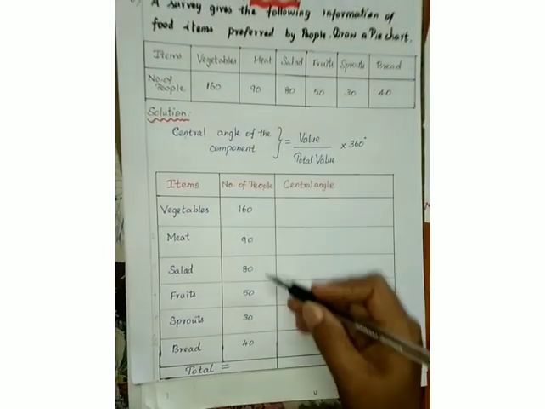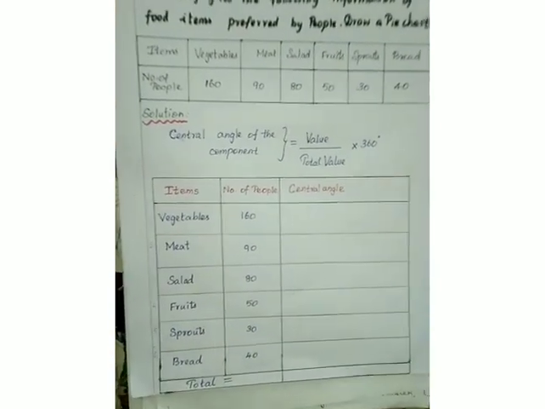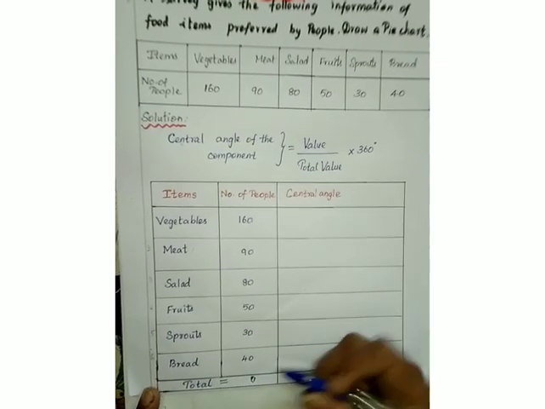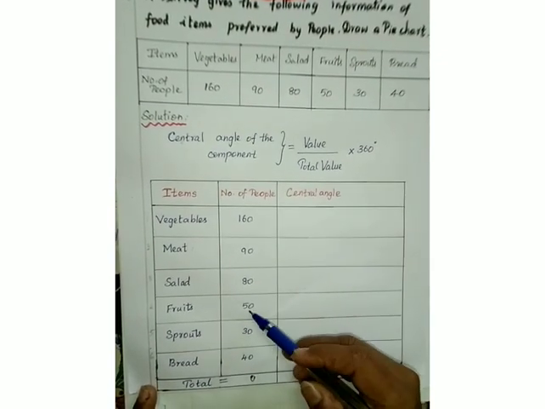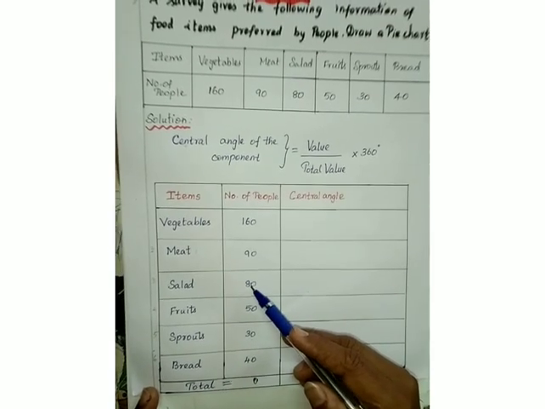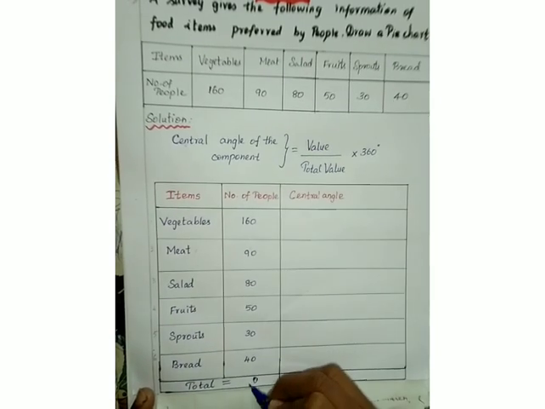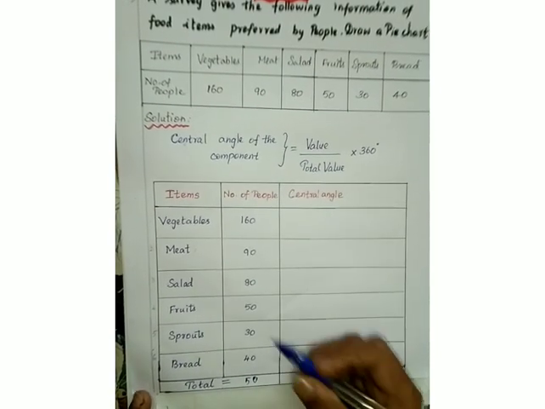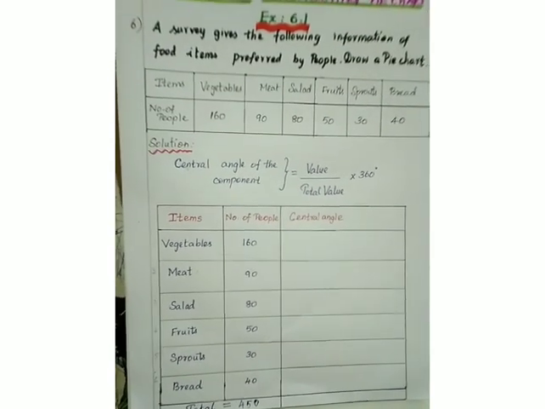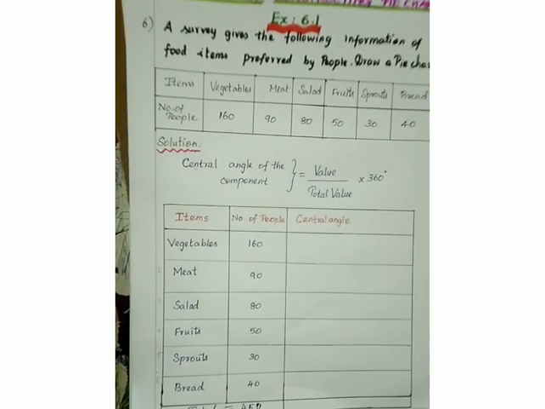So the total value is, here we can add this: 0, 4 plus 3 is 7, 7 plus 5 is 12, 12 plus 8 is 20, 29, 29 plus 6 is 35, remainder 3, 3 plus 1 is 4. Therefore the total is 450.